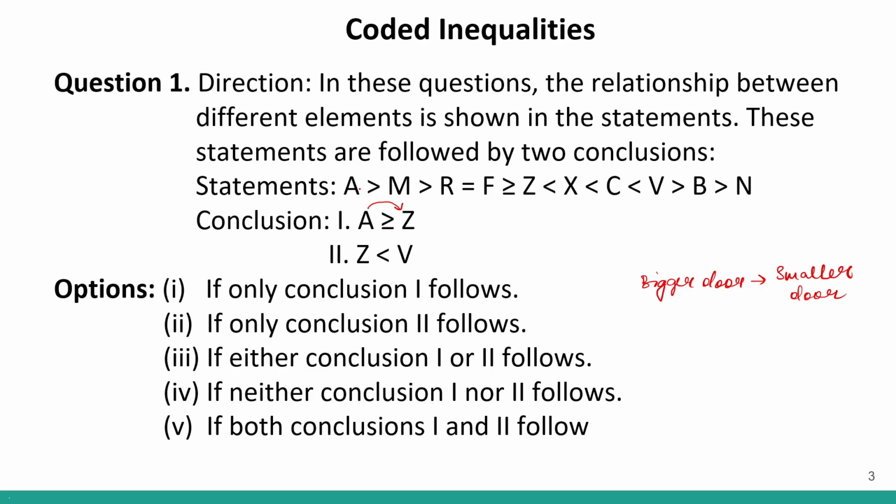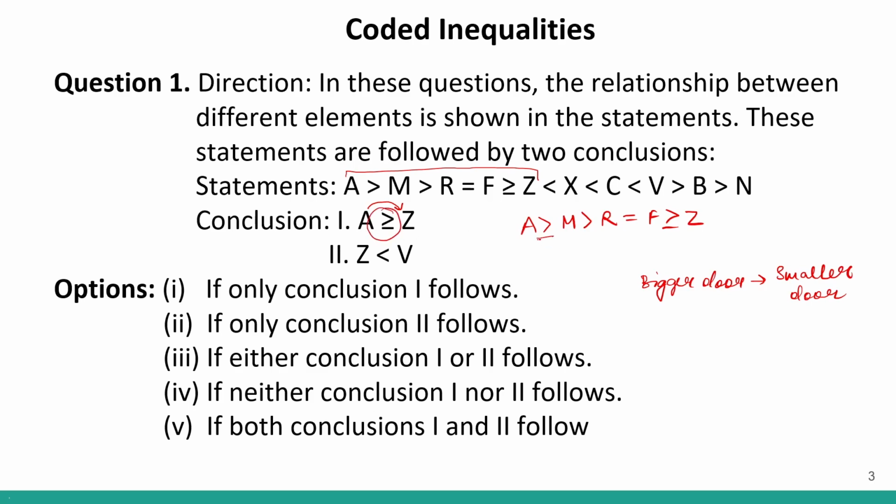If I move from A towards Z, taking this much information, A is greater than M, which is greater than R, which is equivalent to F, which is greater than or equal to Z. So following the direction of bigger door to smaller door, I can see that A is definitely greater than Z, but is it greater than or equal to?